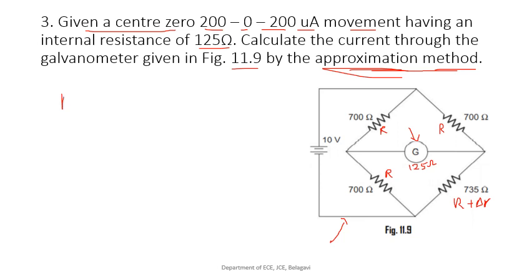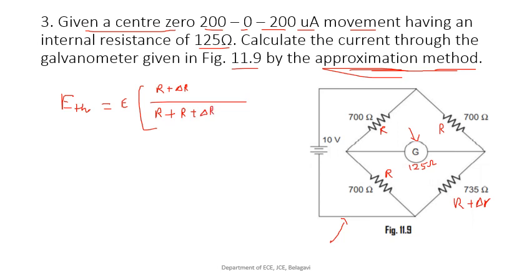Now the same equation you can solve, like you have ETH. It will be E. Again, 735 is greater, so the voltage across that will be greater. So we will write it like this: R plus delta R divided by R2 plus R plus delta R, which is R4.